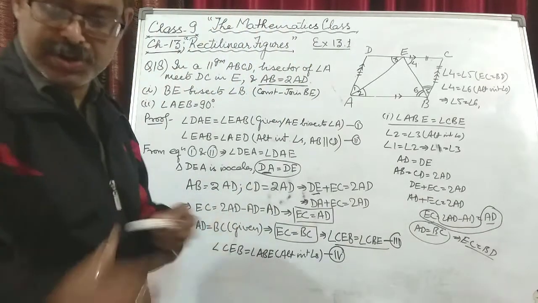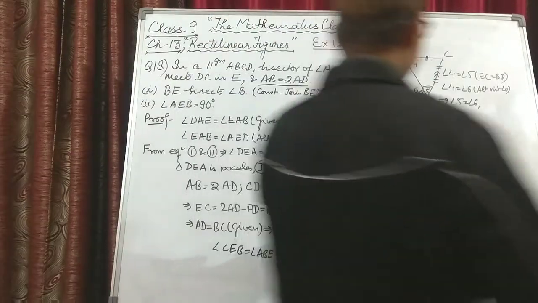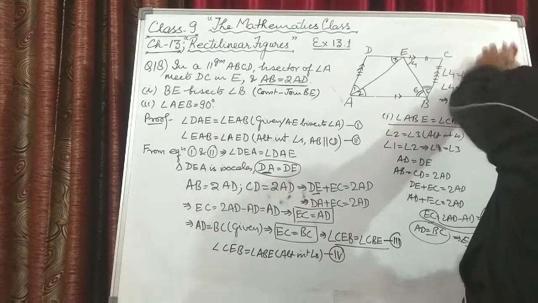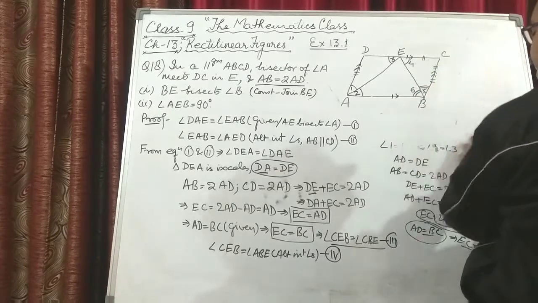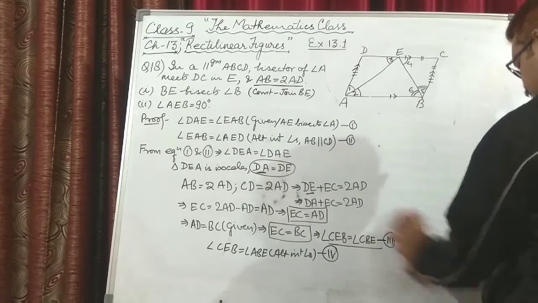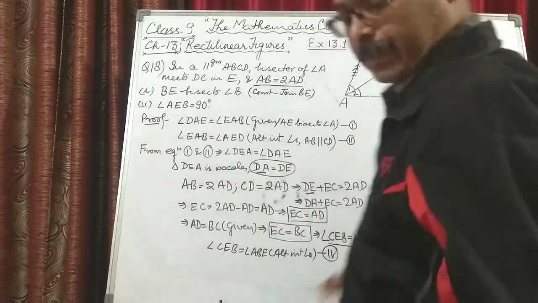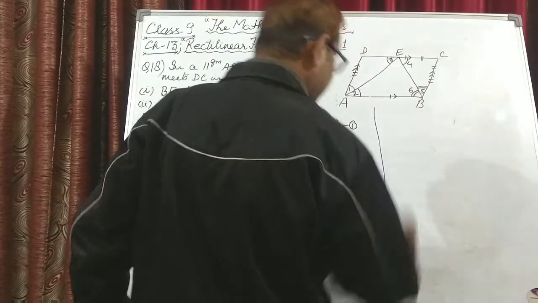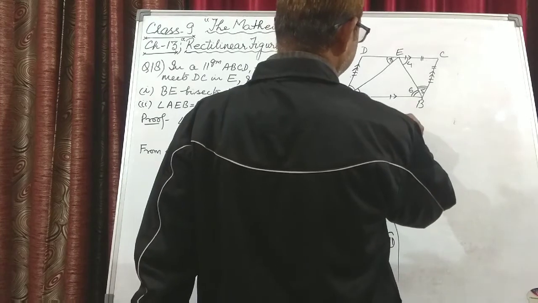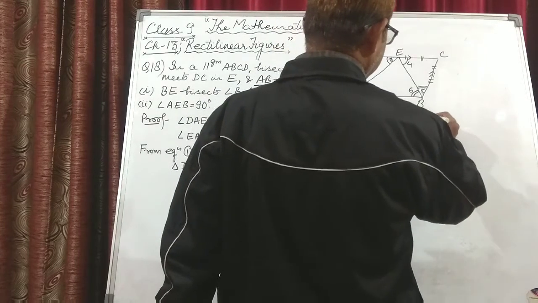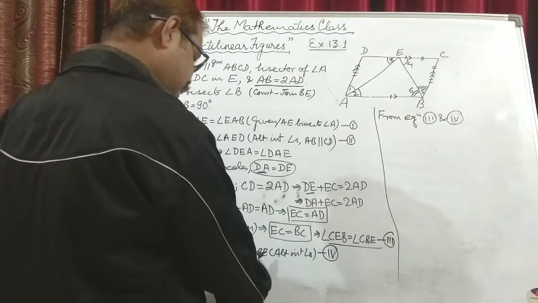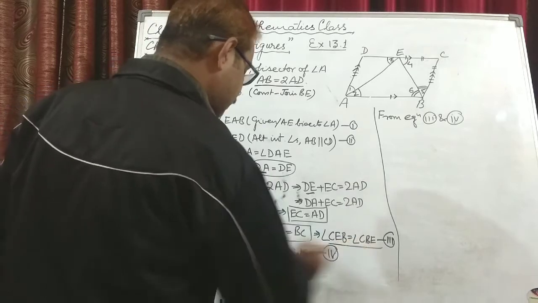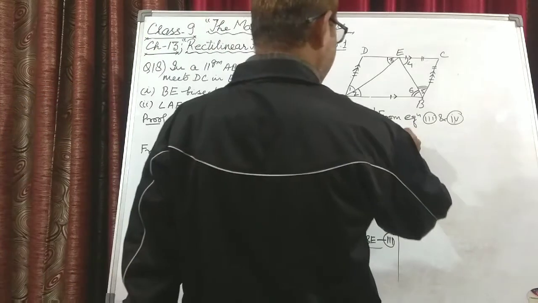From equation number 3 and 4, we can say that angle ABE and angle CBE are equal.